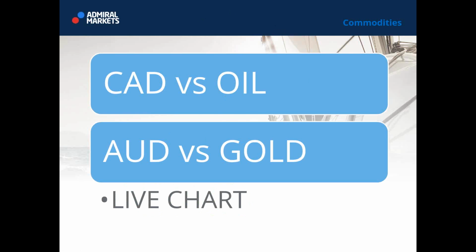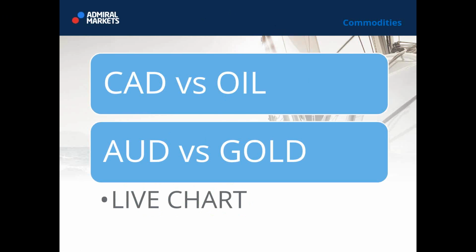Because of the sheer volume involved in those transactions, it will create a huge demand for Canadian dollars. That is why dollar CAD and oil are negatively correlated. I mean, when dollar CAD is going up, oil is going down. Now, pay attention to Canada, because dollar CAD is always affected by changes in oil price.